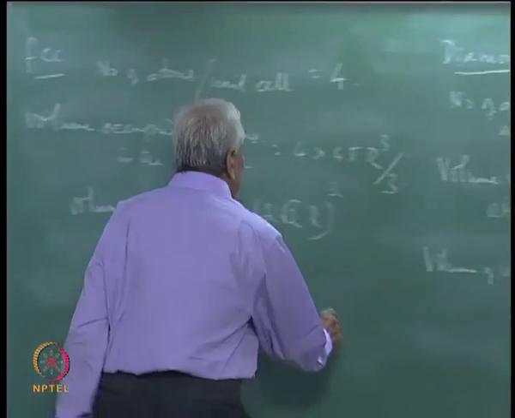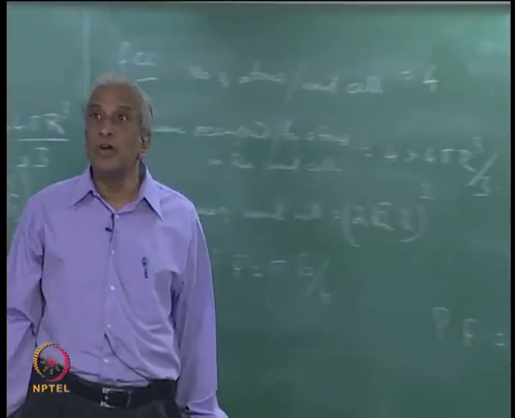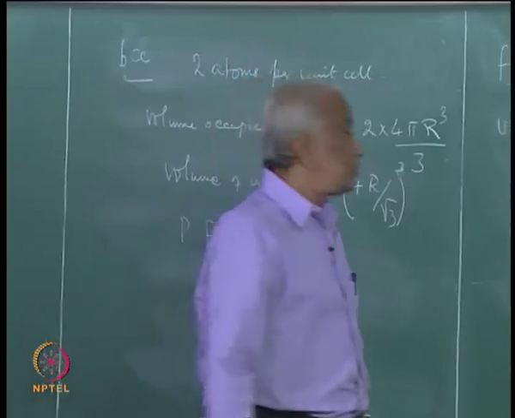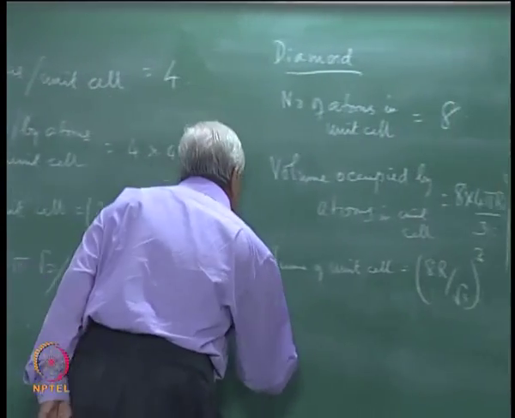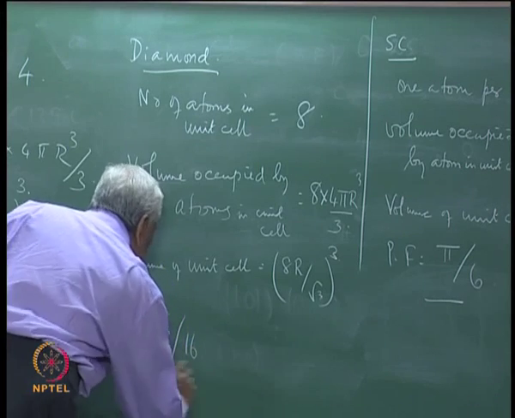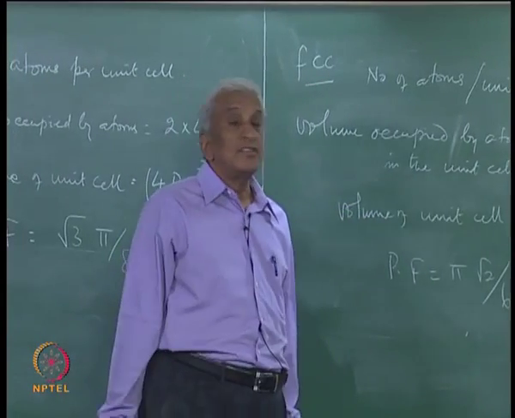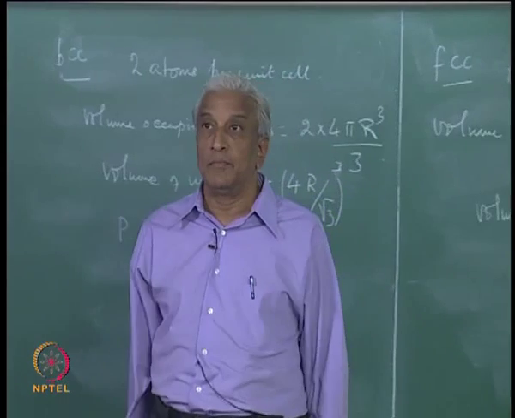So, the packing fraction in this case works out to be pi root 3 by 16, a rather small number. So, this is not a very close packed structure, the diamond is a rather open structure. That is because of the essential nature of the covalent bonding between the carbon atoms.